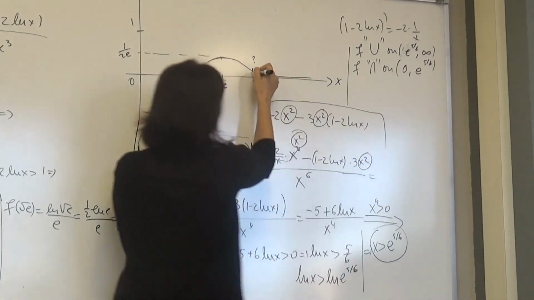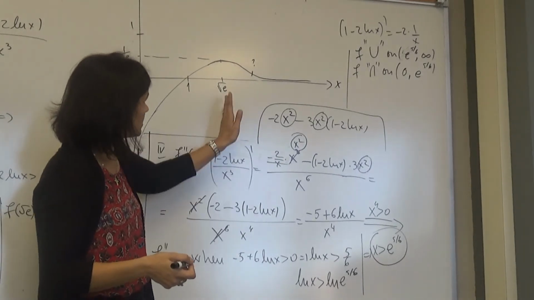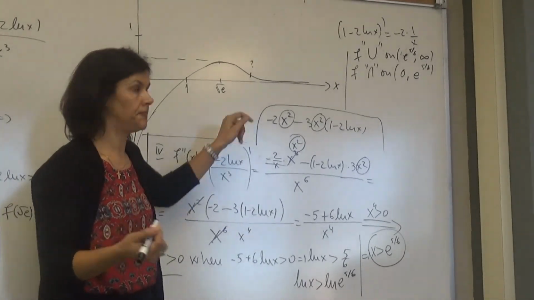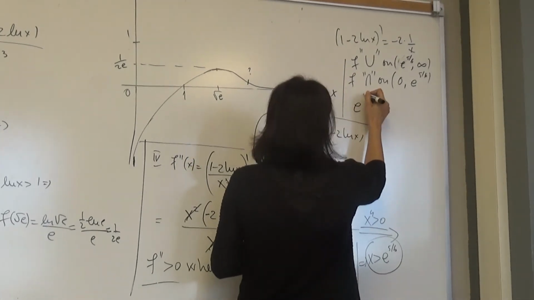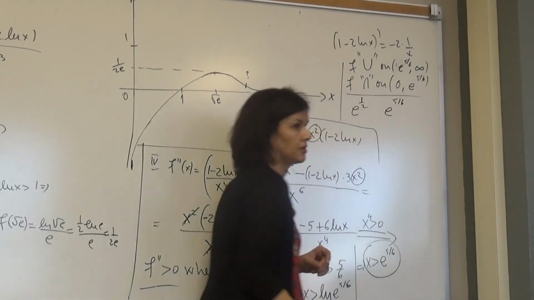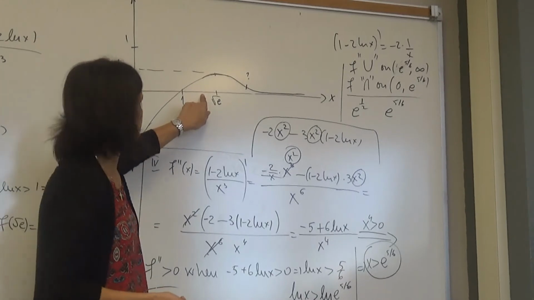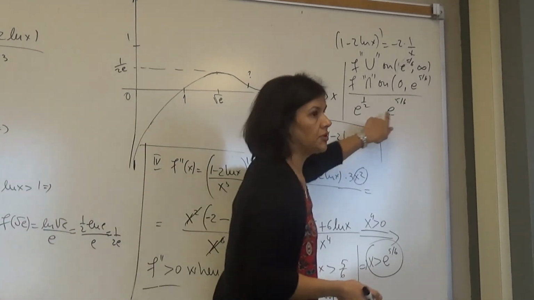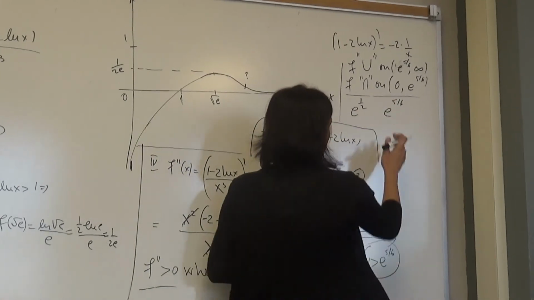So now, it looks like this one is e to 5 over 6, but you have to confirm that e to 5 over 6 is to the right of square root of e. How do you show that e to 1 over 2 is actually to the left of e to 5 over 6? Because if we get something that is here, it is not confirming our figure. e is more than 1, so we compare the exponents, 1 over 2 with 5 over 6.